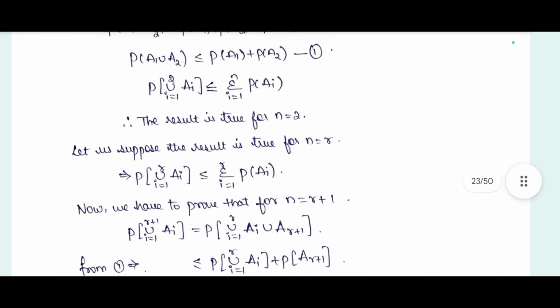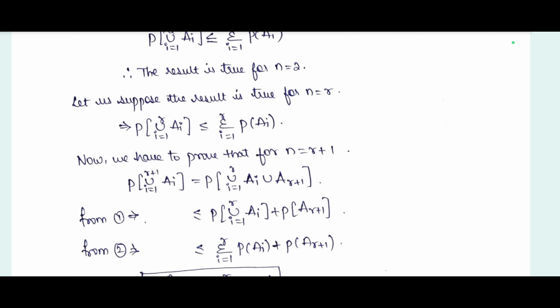Let us suppose that the result is also true for n equals r. This is our statement. Now we have to prove that it is also true for n equals r plus 1. From 1, the left hand side we expand i equals 1 to r plus 1, and split into two parts: the union i equals 1 to r of Ai union A r plus 1.